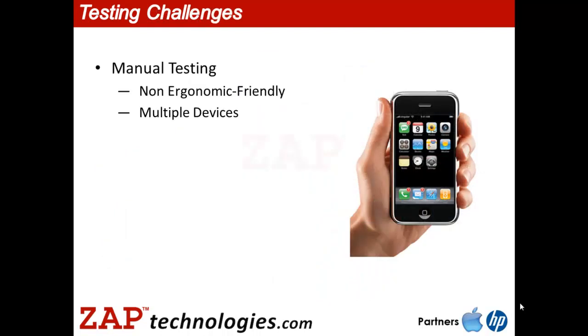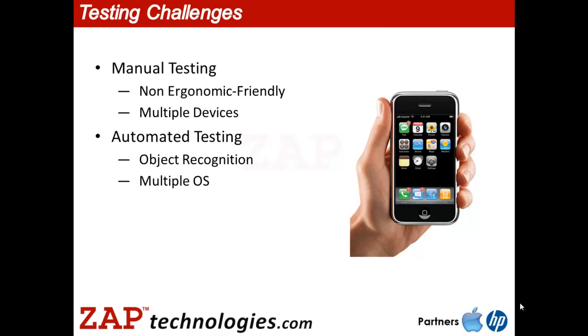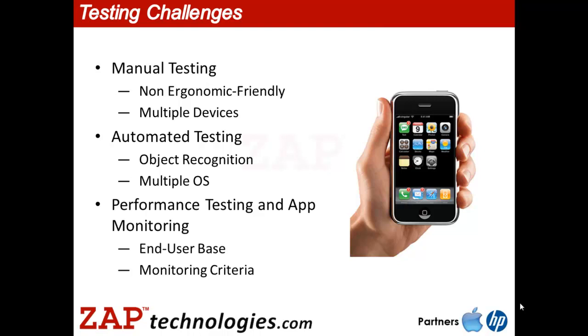Specifically, in manual testing, we're facing non-ergonomic and multiple-device environments. In test automation, we look at object recognition challenges with multiple operating systems. And in performance testing and application monitoring, we see that we have a diverse end user base and diverse monitoring criteria.